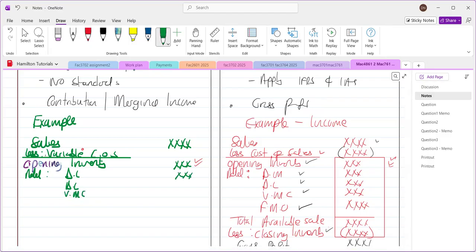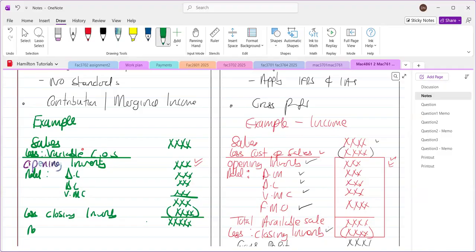We just add all these things together, then we get a figure here. We don't name that figure. Then we say less closing inventory. The closing inventory that we are going to calculate again is not going to contain any element of a fixed cost. Then we calculate going down.